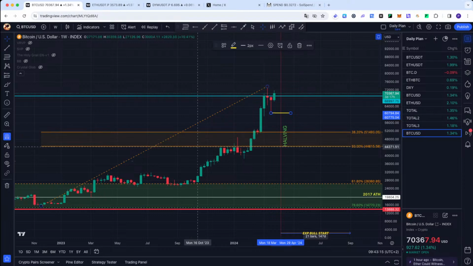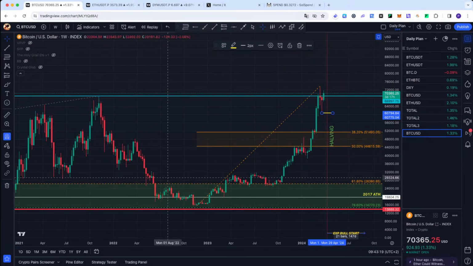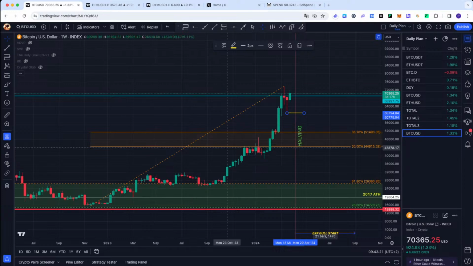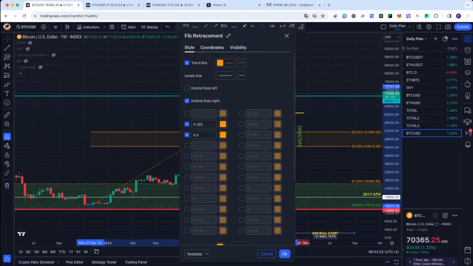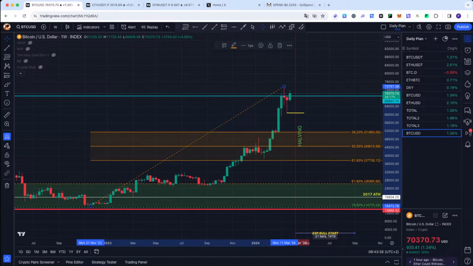And you can think about long reload zone 61.8 here, because this long reload zone is from the all-time high. But if I put a 61.8 here, well, you can see if you take this one, 61.8 is here, at 37.